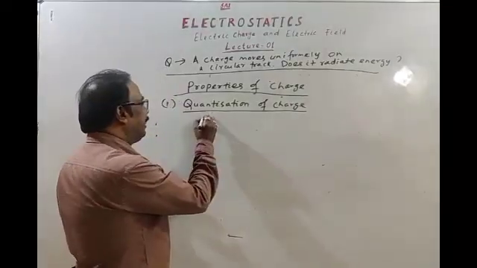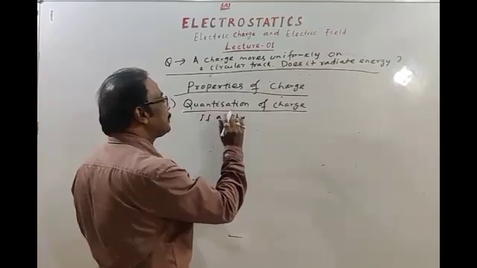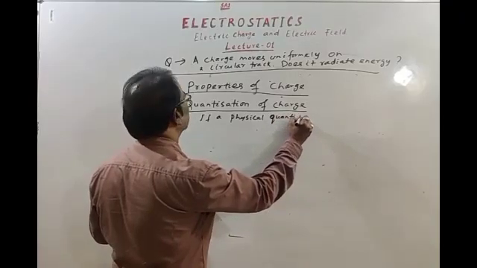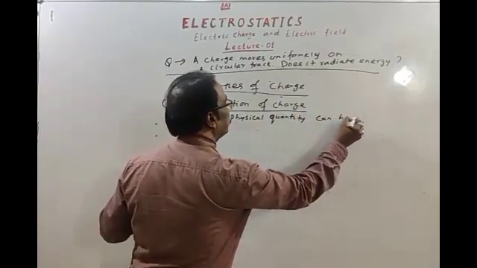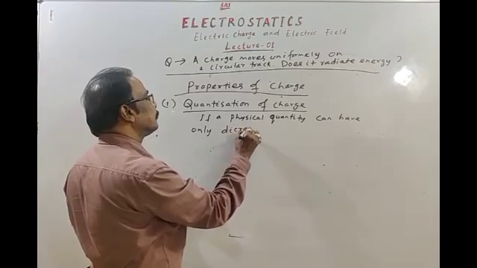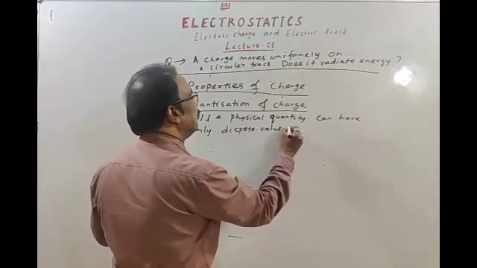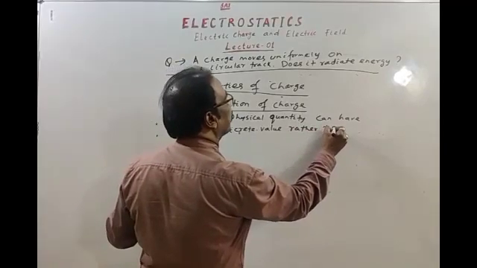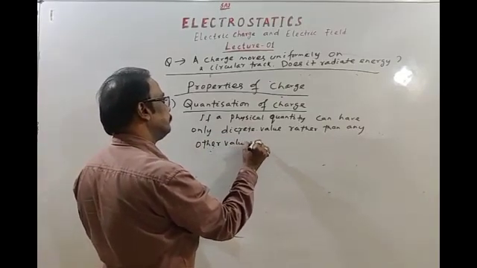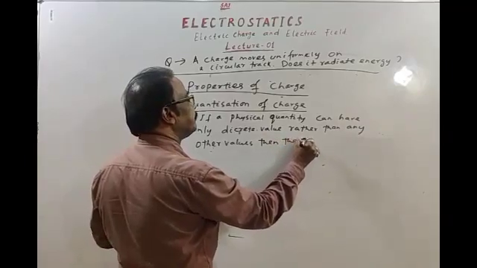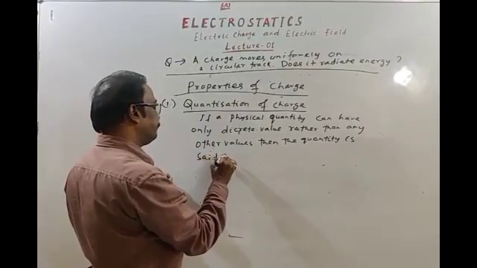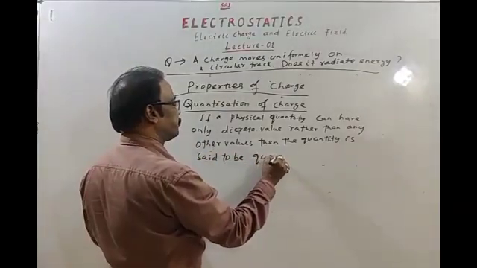If a physical quantity can have only discrete values rather than any other values, then the physical quantity is said to be quantized.